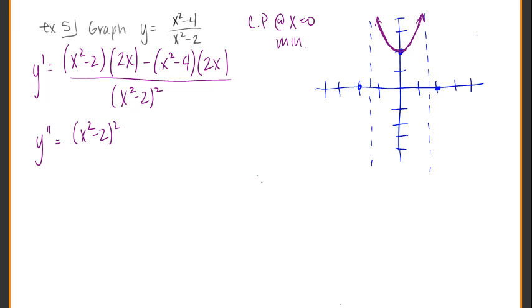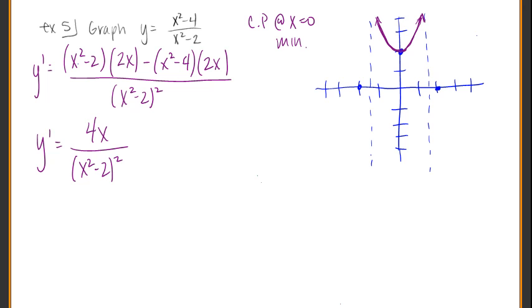Since it cleaned up so nicely when we found the critical point, let's write it in the cleaned up version. That would be the smart thing, wouldn't it? Okay, so y prime, what did we decide it cleaned up to be? It was just 4x on the top and x squared minus 2 squared on the bottom. It's going to be much, much easier that way.